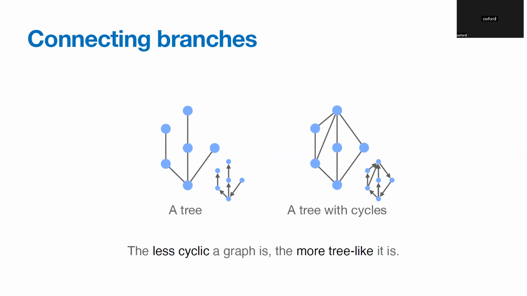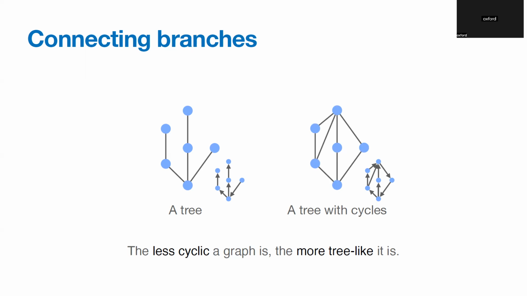Because at the end of the day, a graph with cycles is just a tree with cycles that are connected together, right? The reason we considered that was because Viva and Tim, Viva spent her whole PhD looking at DAGs, so Directed Acyclic Graphs. And one of the questions she had was exactly this one: can we quantify the treeness of a graph, or how far from a tree a graph is?